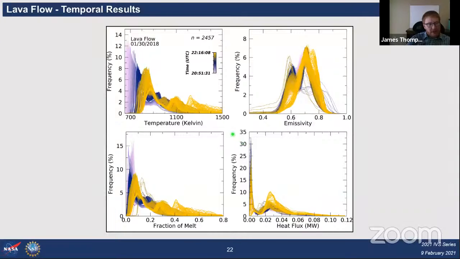So again, looking at that data in temporal space, we see a pretty dramatic change over the 81 minutes, and that's a result of that large breakout that occurred. What we can also see is a multimodal distribution. It's not very bimodal.